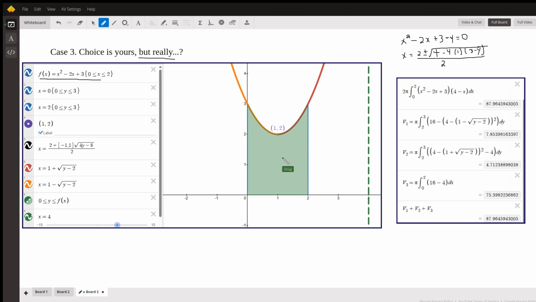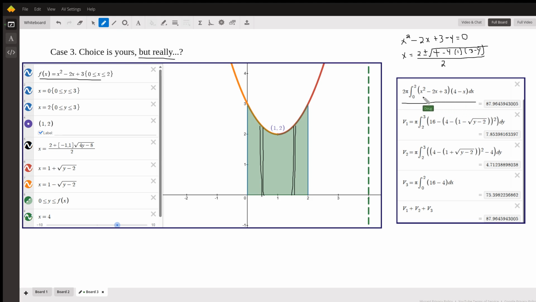So the green region, if I'm revolving that about the line x equals 4 again, if I use the shell method, there's a typical shell. And the formula for the height of that shell is the same every time. It's f of x, or x squared minus 2x plus 3. And so there would be the integral right there.